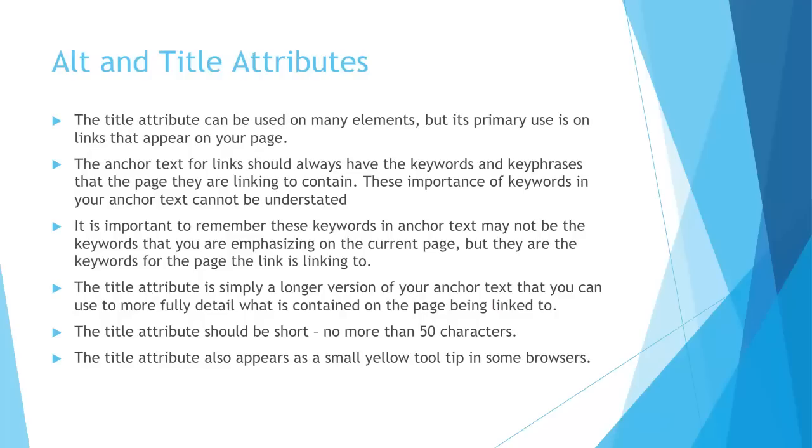Now, the title attribute, again, should be short. Should be no more than 50 characters in this case. Should be even shorter than your alt text. And sometimes, depending on what browser your visitors are using, the title attribute will appear as a small little yellow tooltip. You've probably seen this as you've hovered over different elements before.